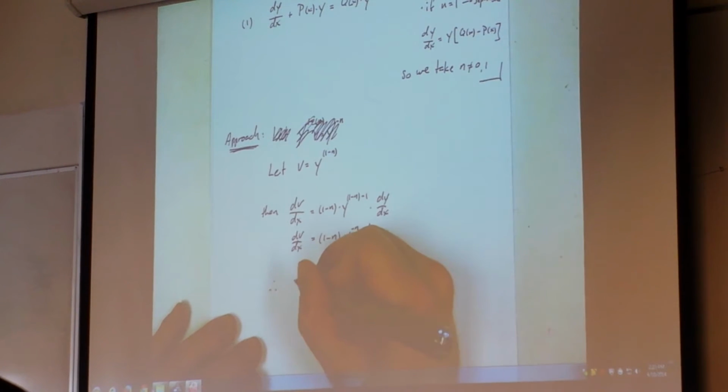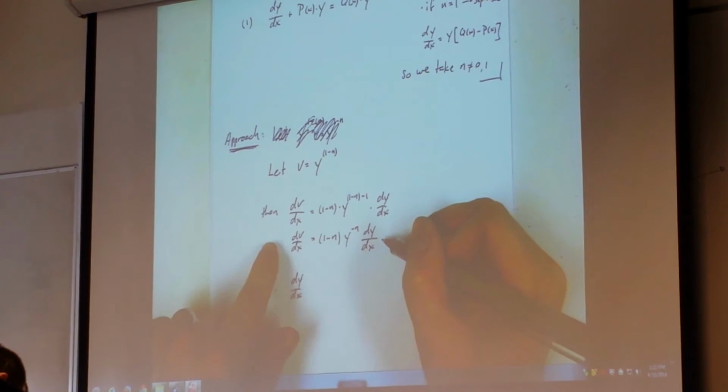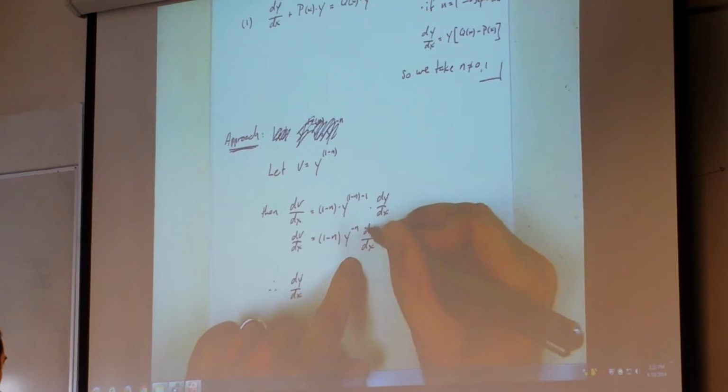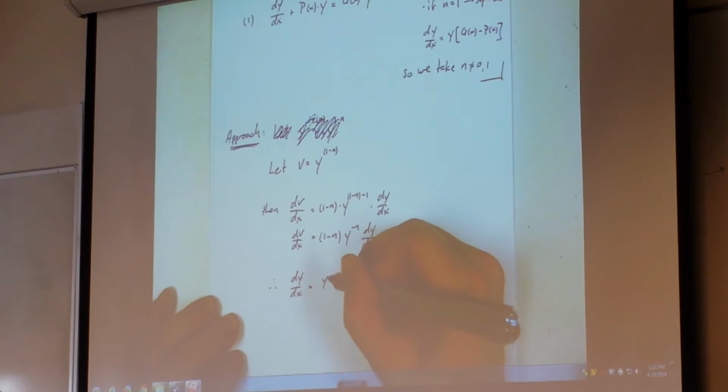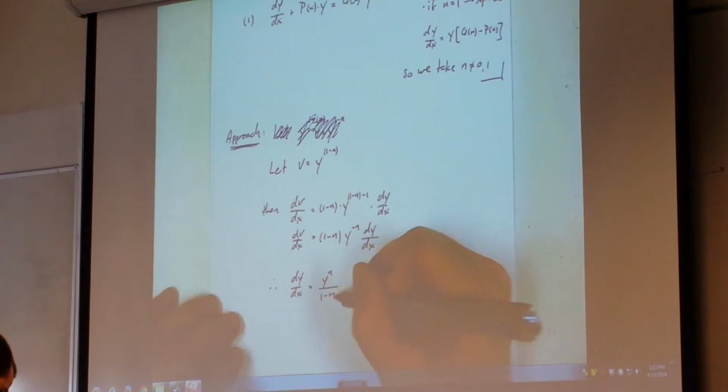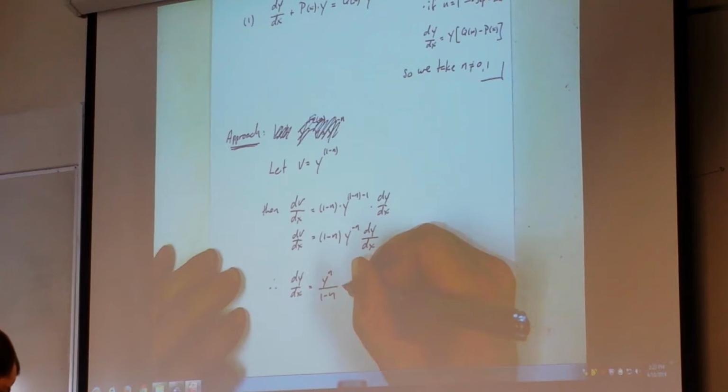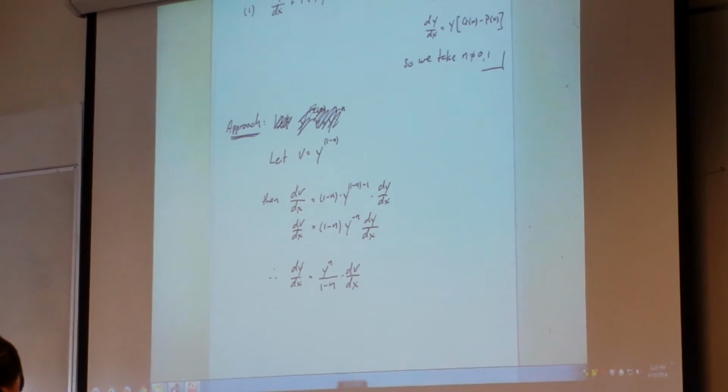Multiply both sides by y to the n, they would add and give 0 there. So we'd have dy/dx equals y to the n over 1 minus n, times dv/dx.